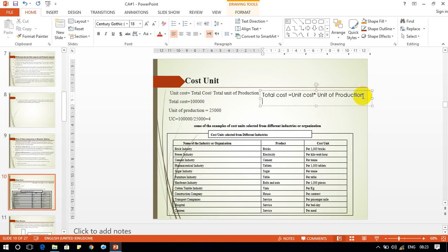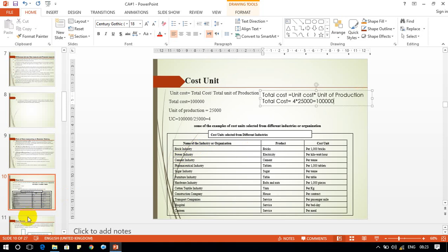In the example, my unit cost is 4 and the units of production are 25,000, so it will be equal to 1 lakh. This is how to find unit cost and total cost.